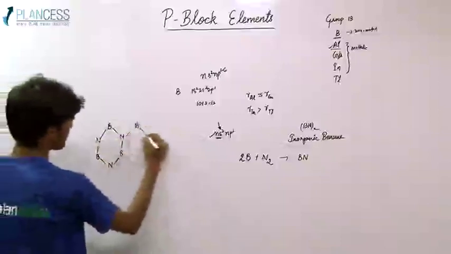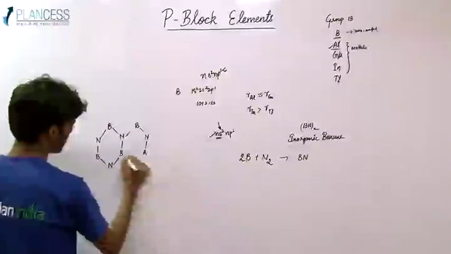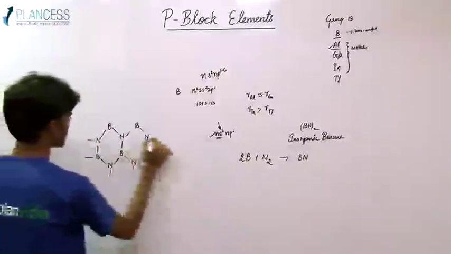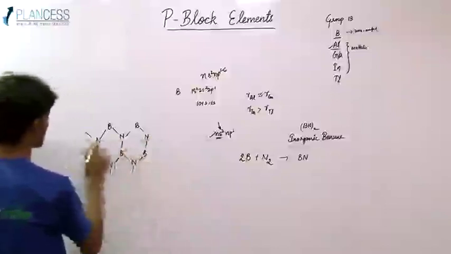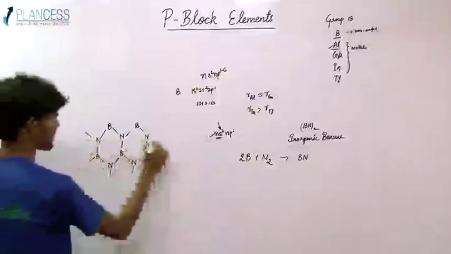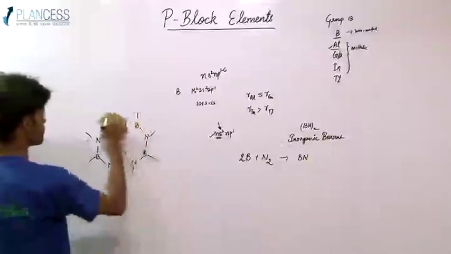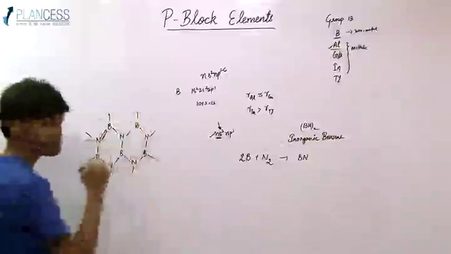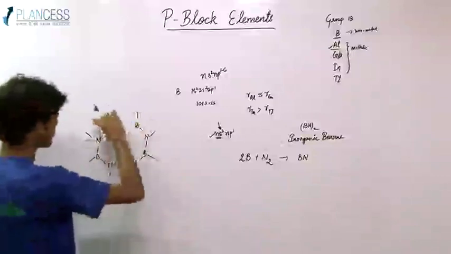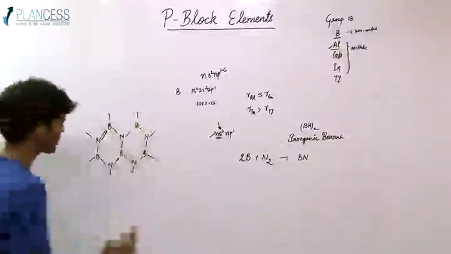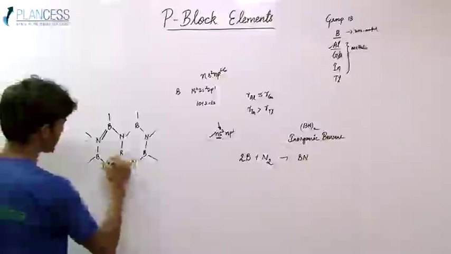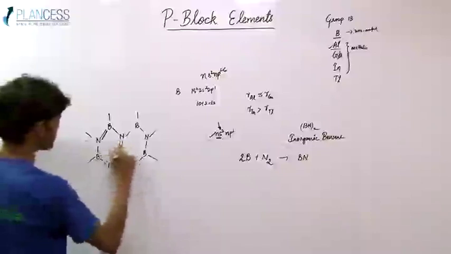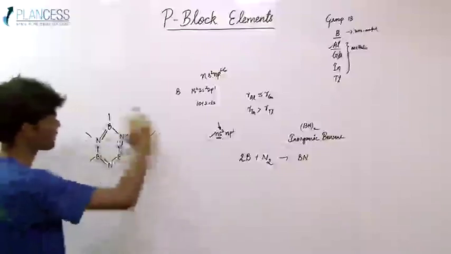This nitrogen is again shared, and this is continued in the same way in all directions, so the structure extends in all directions. Therefore it is known as inorganic benzene. Here nitrogen gives its lone pair to boron, because boron has a vacant 2p orbital and nitrogen has a lone pair, and it donates it here and here. The same is followed in each ring.